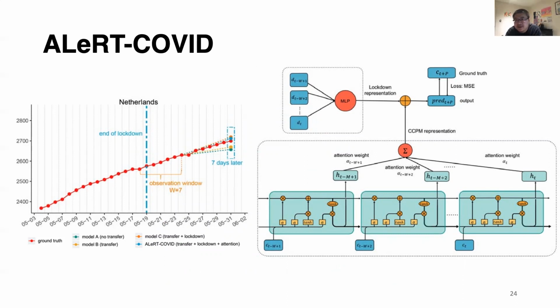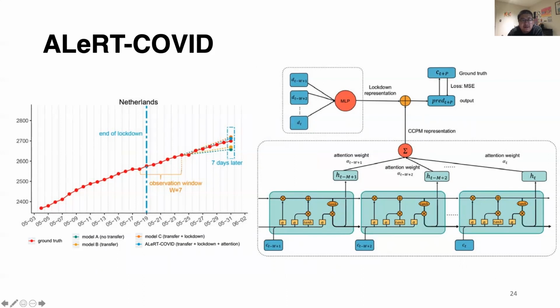The cumulative CCPM values and lockdown information during May 18 to May 24 were input to the fine-tuned target model, which predicted the cumulative CCPM in 7 days.